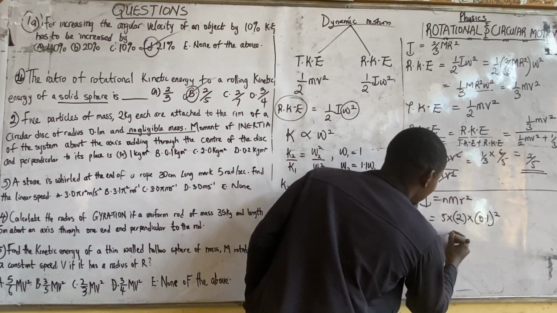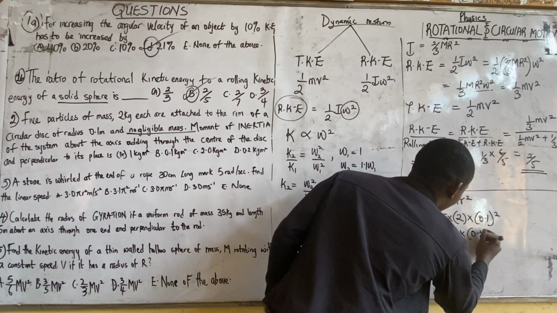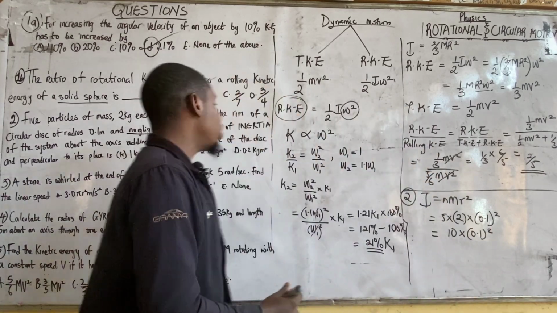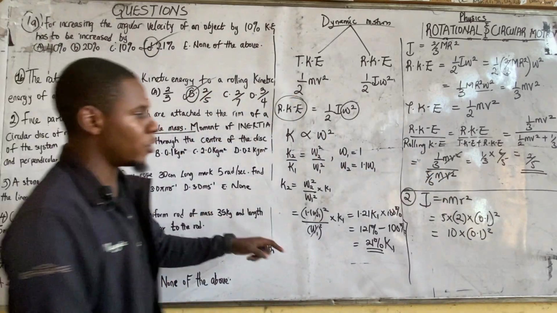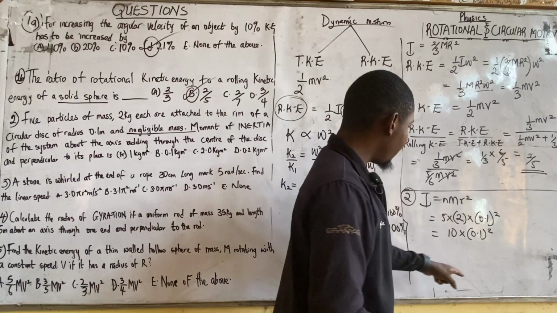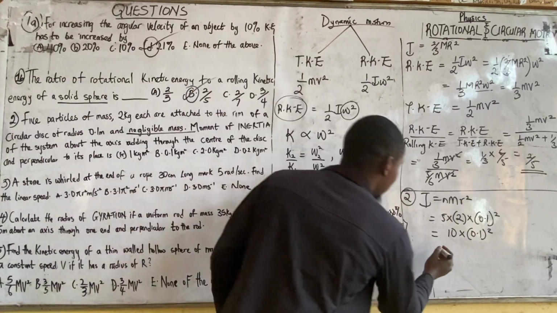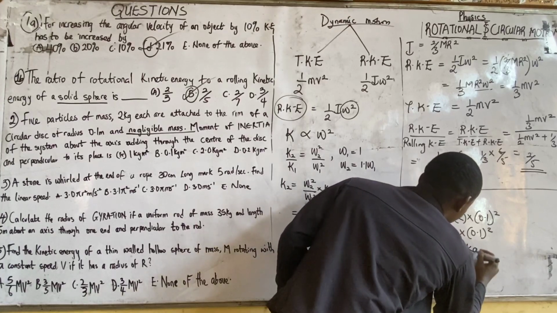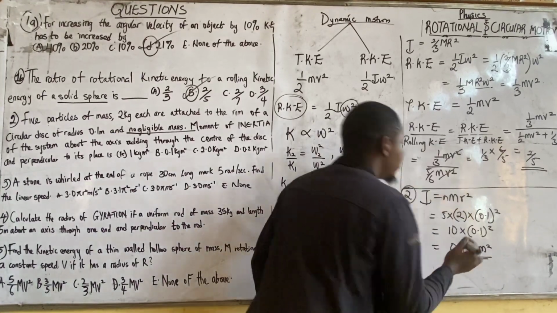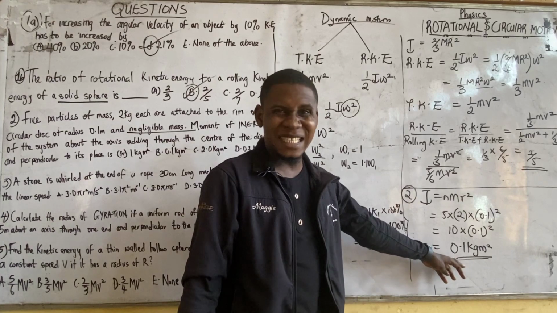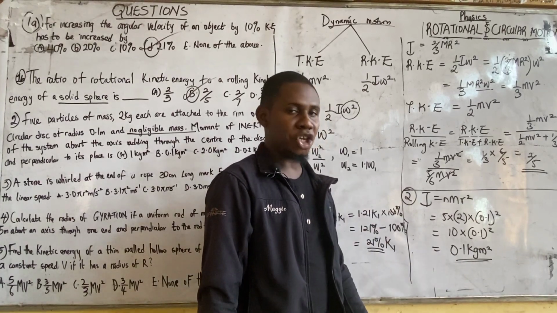So when we multiply this, we are going to have 10 times 0.1 all squared. So 0.1 all squared is going to give us 0.01. Multiply it by 10, you are getting your what? 0.1 back. So we are going to have 0.1 kilogram meter squared. Kilogram meter squared because that is the unit of moment of inertia.